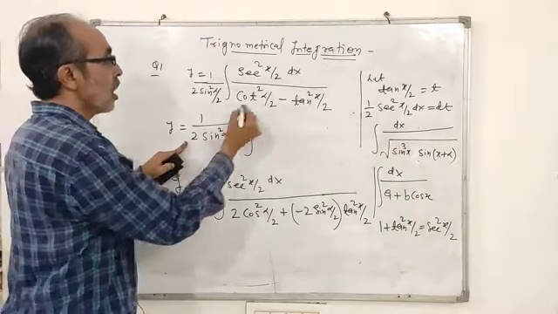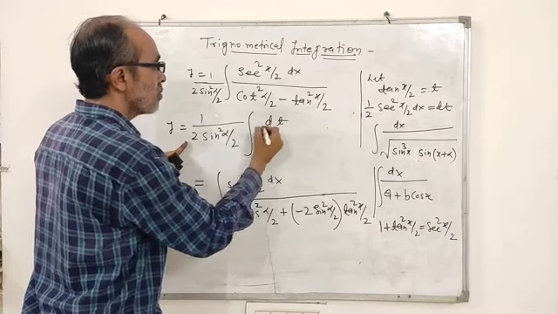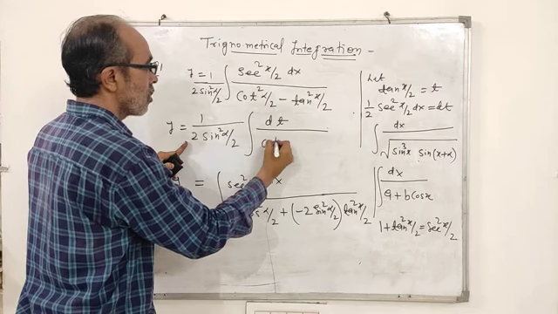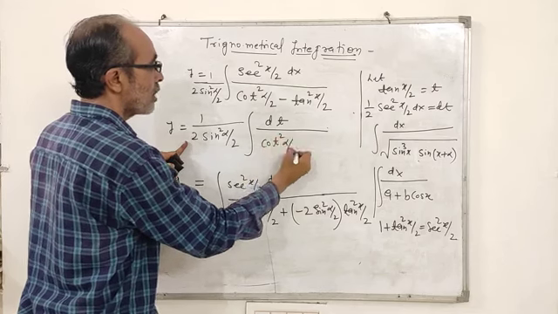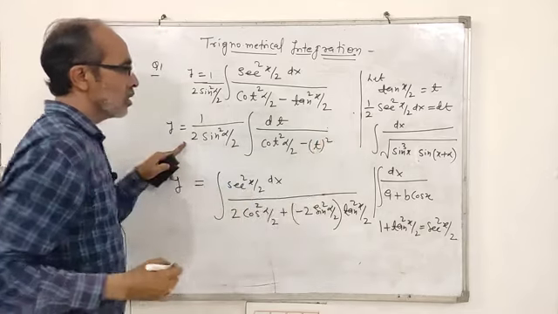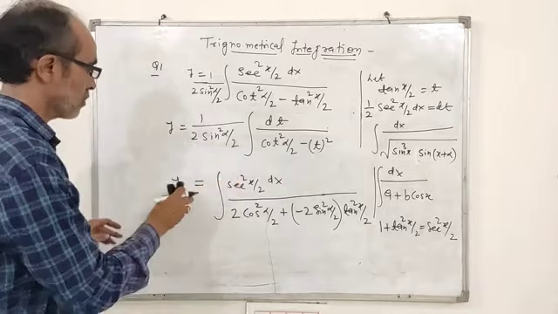So this sec square and dx change into dt divided by cot square alpha by 2 minus t square. Now use the fundamental formula of this integral.